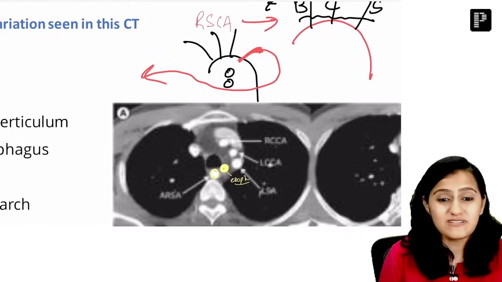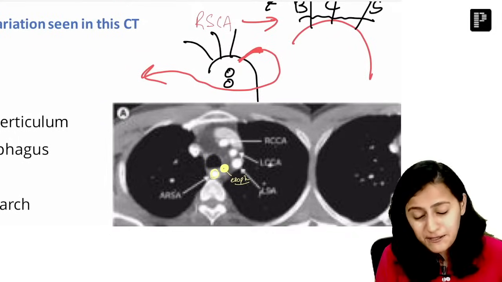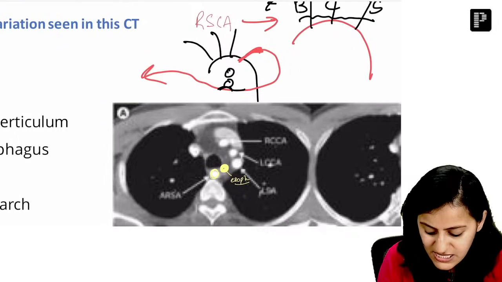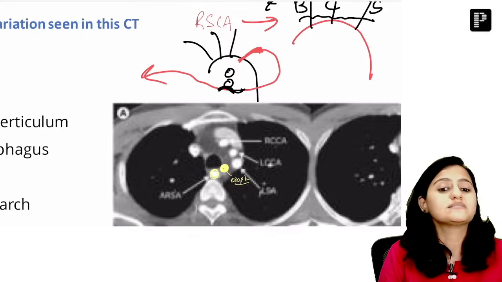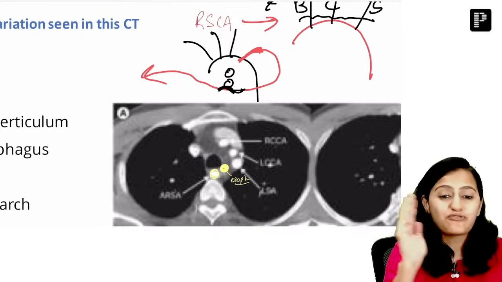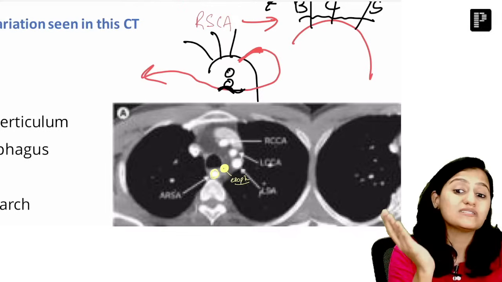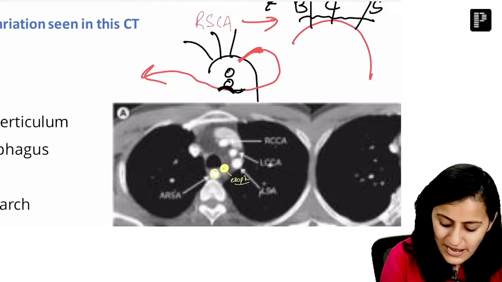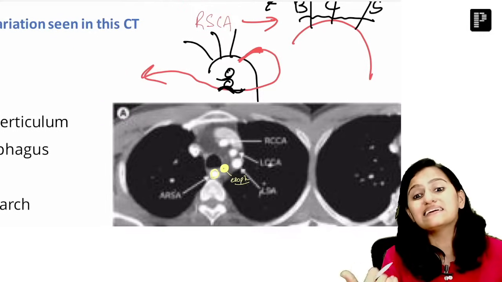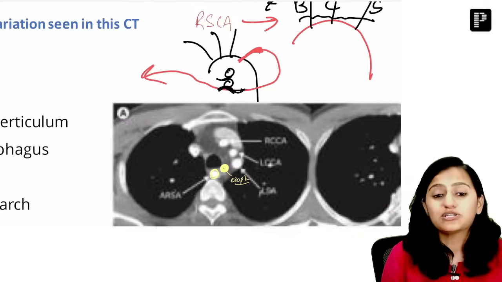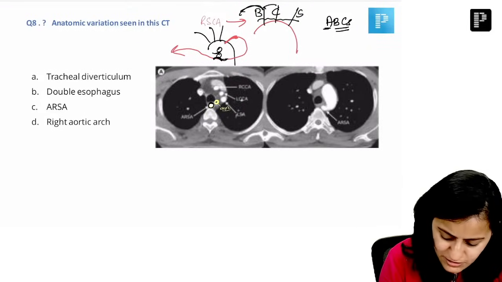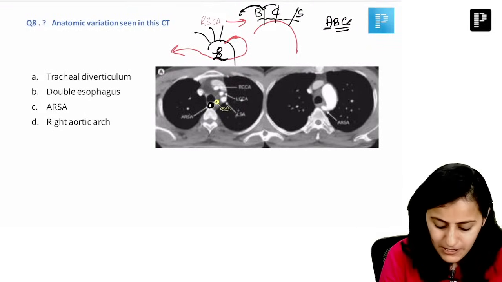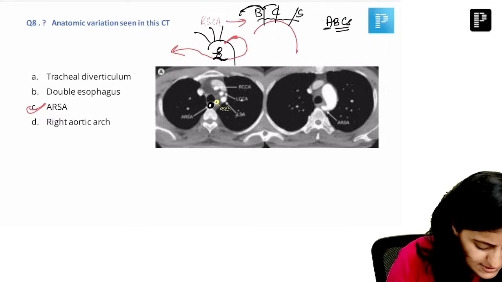As we have discussed in our radiology videos, this causes posterior indentation on the esophagus, while the left atrium causes anterior indentation. So this is aberrant right subclavian artery, which goes behind the trachea and esophagus, in front of the vertebra. This is going to be ARSA.